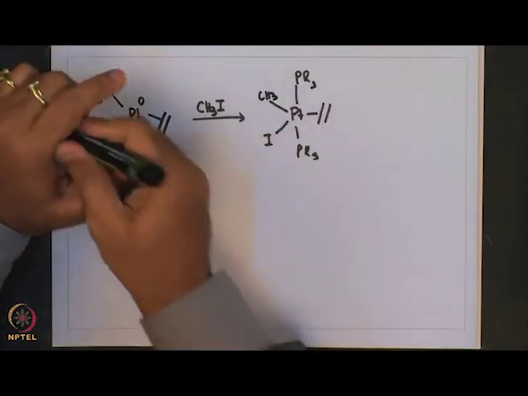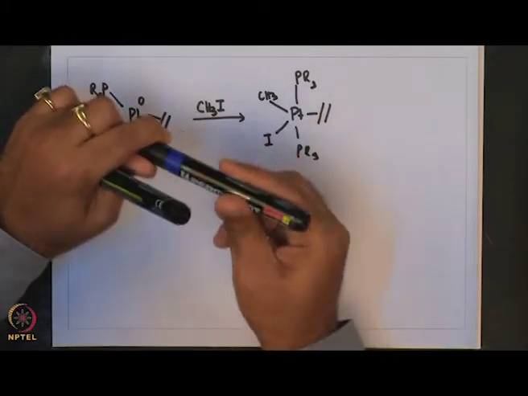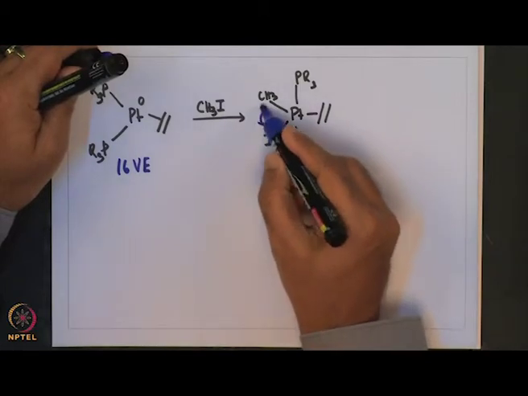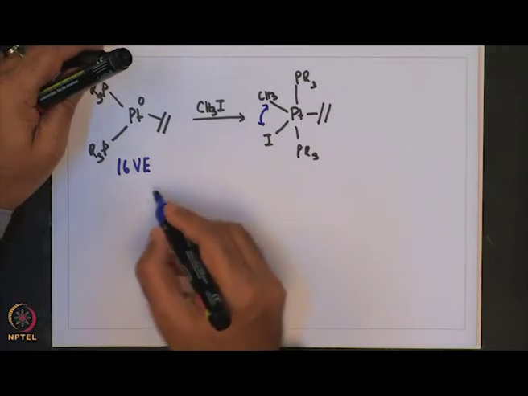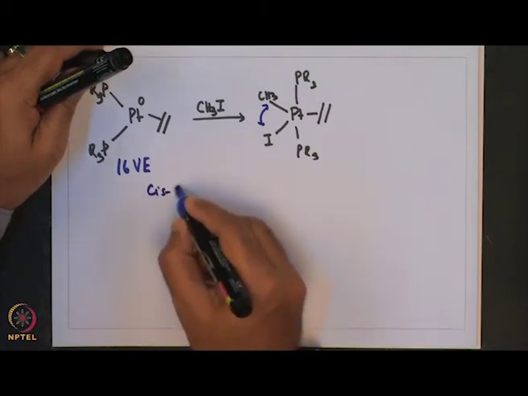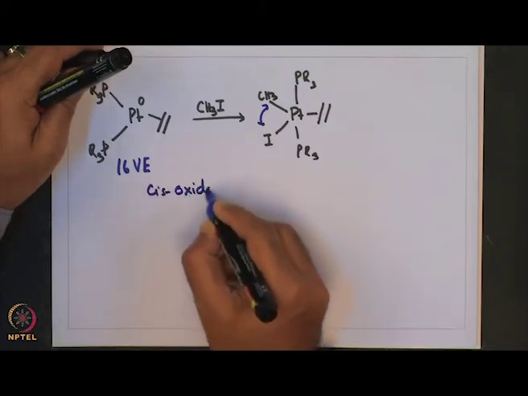where the methyl and the iodide are in cis disposition to each other, and this is called cis oxidative addition.